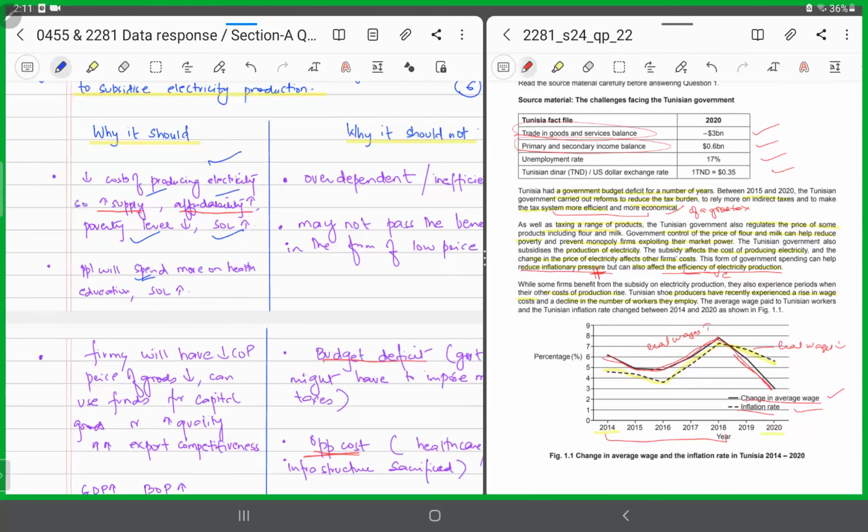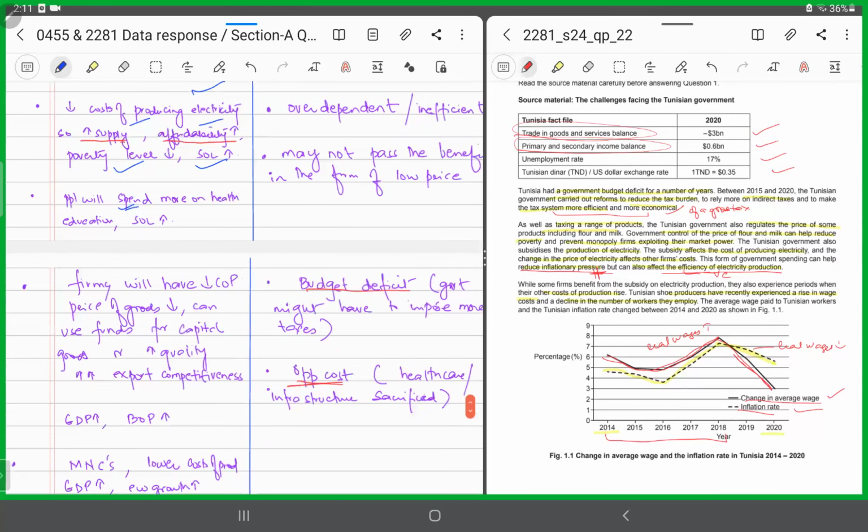On the other hand, how will it benefit firms? Firms will have a reduction in the cost of production because the cost of electricity is now falling. So they could transfer this reduction in the cost of production in the form of lower prices of their goods. And in turn, they could utilize this saving by investing more in capital goods or improving the quality of their products.